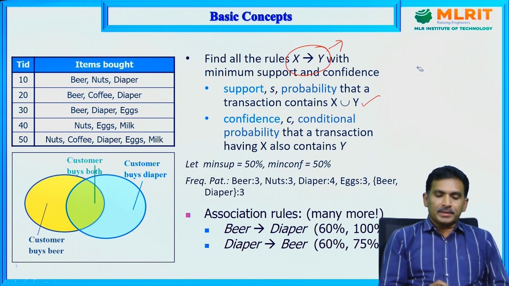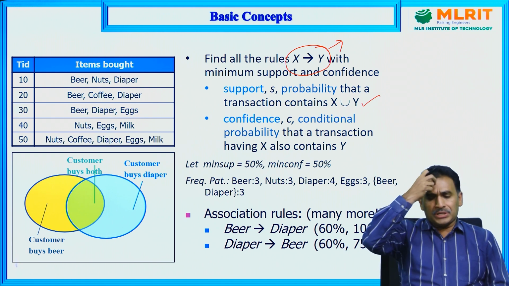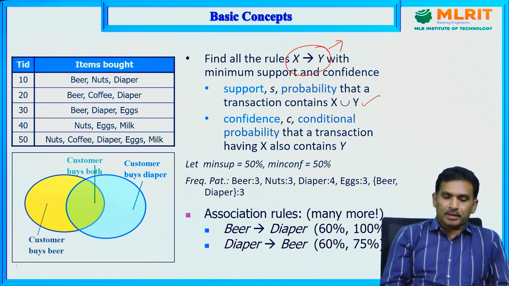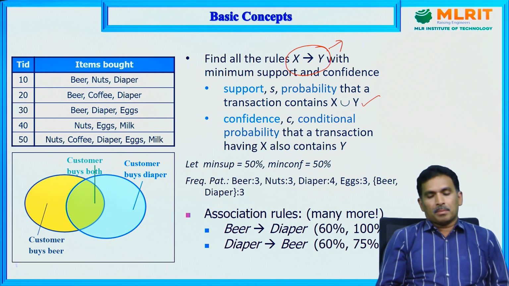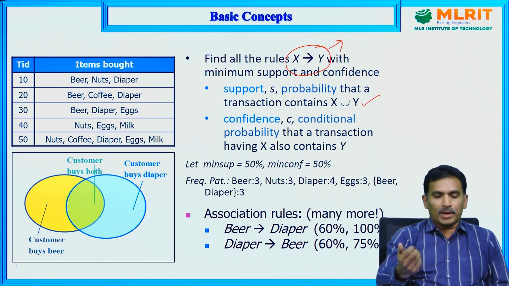Then confidence, which is denoted with the letter C. That is a conditional probability. If a customer purchases an item X, then what are the chances of purchasing the item Y?